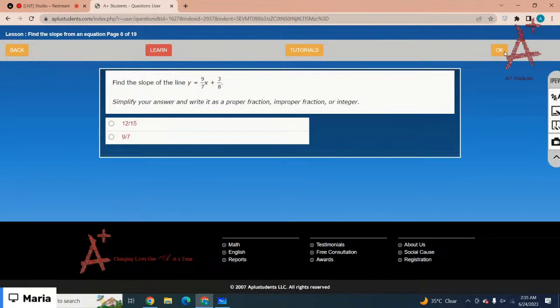Find the slope of the line y equals 9 over 7x plus 3 over 8. So which is the correct option? Which is the slope of the line? The slope of the line is 9 over 7. The correct option is 9 over 7.